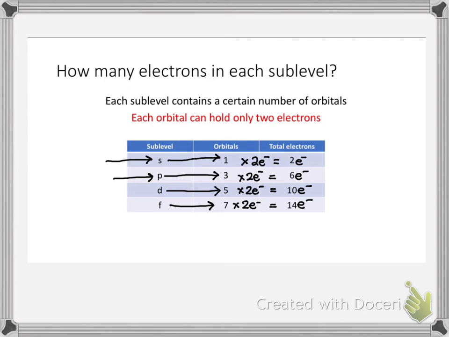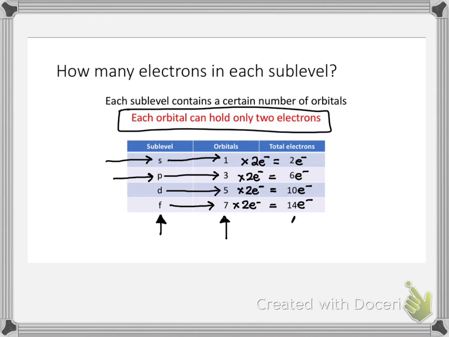So this is the SPDF that we were talking about. And remember, it's an odd number, but they each can have this many orbitals inside. That's where the electrons are. And each orbital can, that's a test question, hold 2 electrons. So the maximum number of electrons in each one of those levels would be this number.